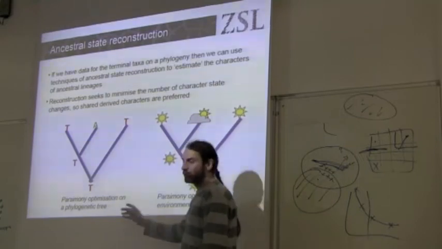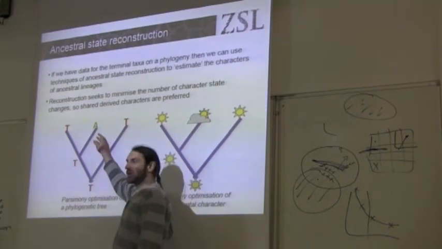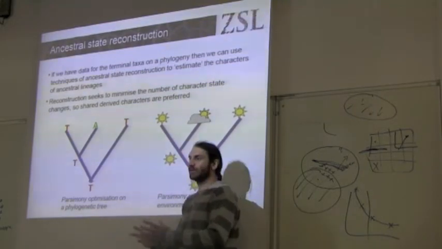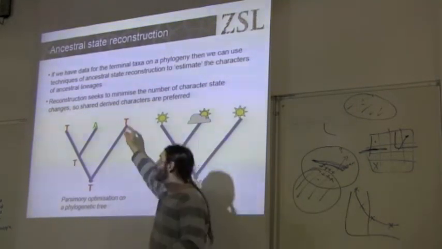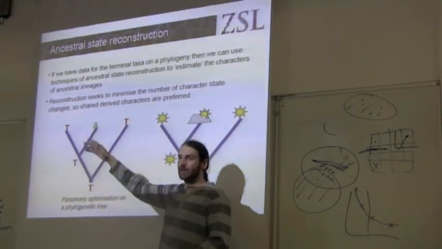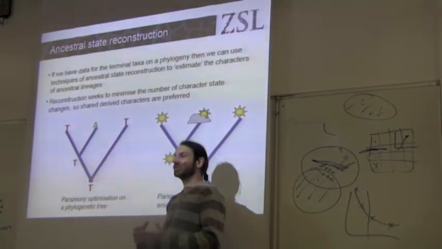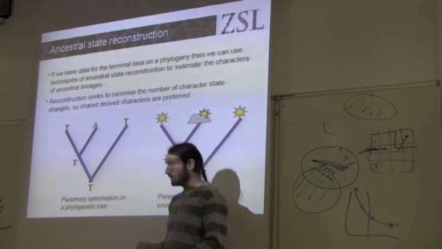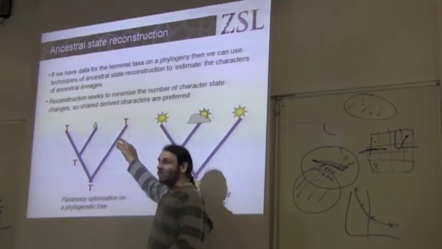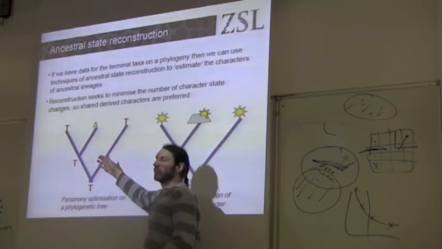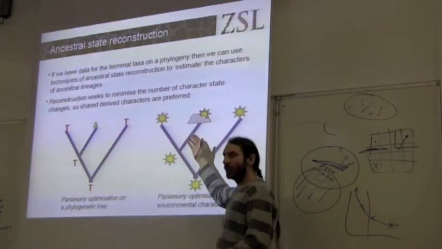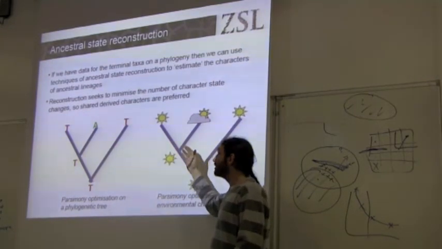Now, traditionally, character state reconstruction is applied to observed traits of the species. Here we're looking at nucleotides, but it could also be morphological characteristics that we see. But we can theoretically apply this to any trait or characteristic of a species.